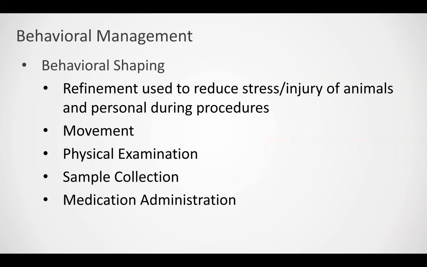So as I mentioned in the beginning, zoos have to do this because they're working with wild animals. They need that animal to cooperate for certain care procedures. They could be veterinary medical, or they could just be standard animal care procedures. They don't want the animal to be stressed, and they don't want their personnel to be injured because some of these animals are very large and very dangerous.